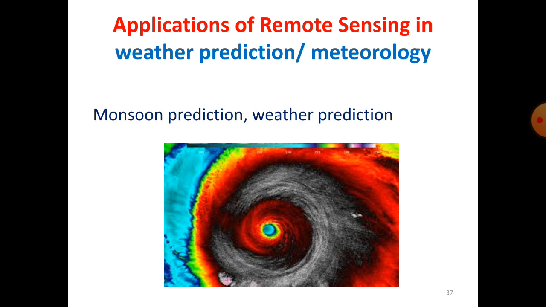The next field in which remote sensing finds its application is prediction of the weather, which we call meteorology. Meteorology helps in weather prediction and monsoon prediction, that is related to the rainfall.